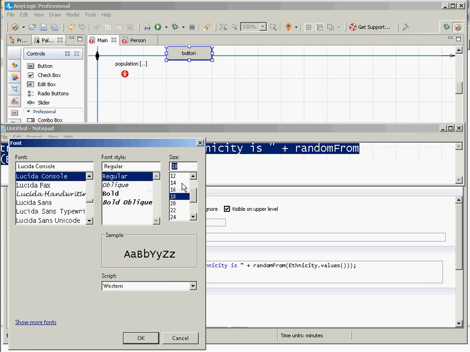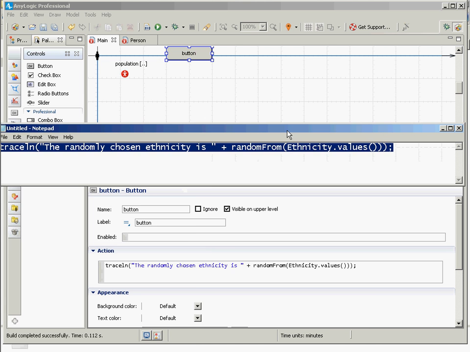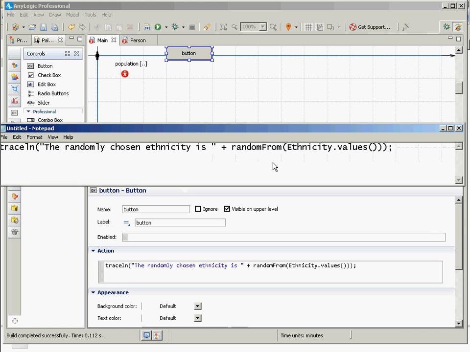What I'm doing is telling it to print out the string, the randomly chosen ethnicity, followed by a randomly chosen ethnicity. This is the same formula we used when we determined the randomly chosen ethnicity.